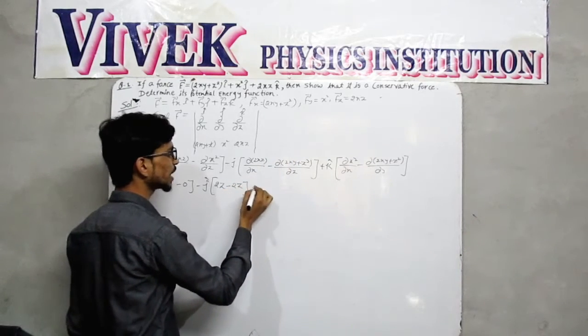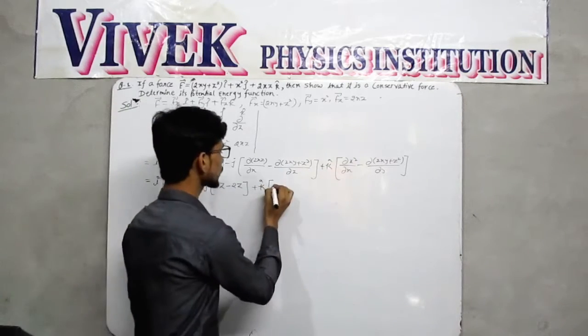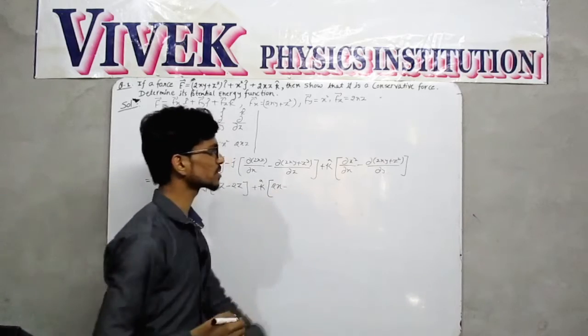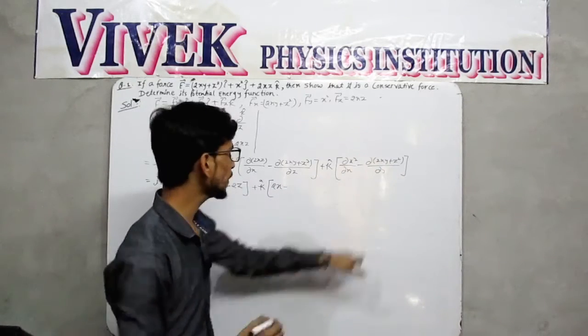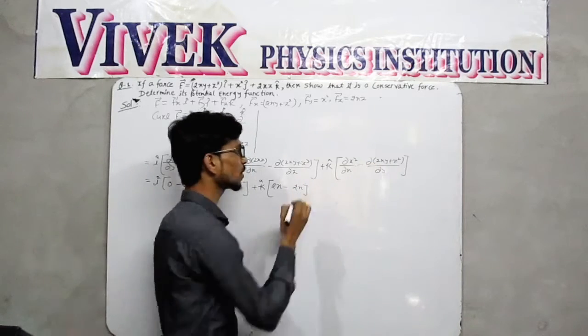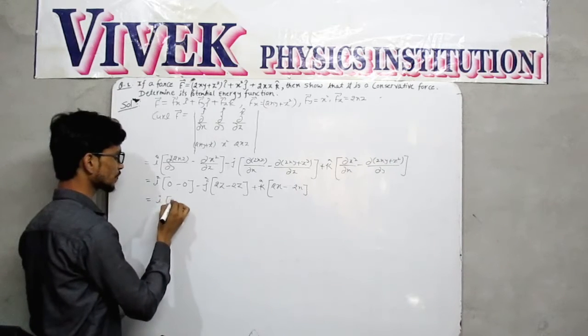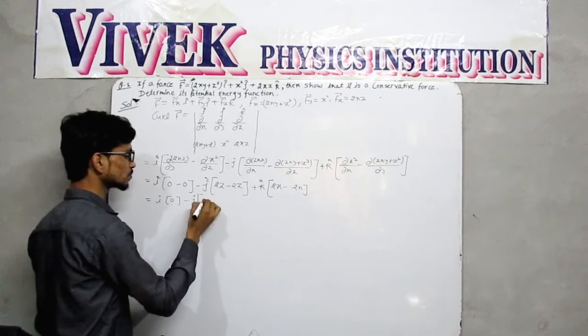So 2z minus 2z, and plus k cap, and here the differentiation of x square gives 2x, and minus the differentiation of this with respect to y, which gives us 2x, because z square is 0. Now you can see on the board here that all terms become 0.